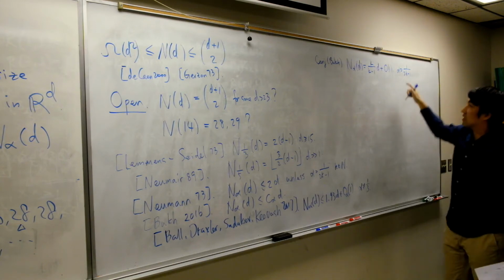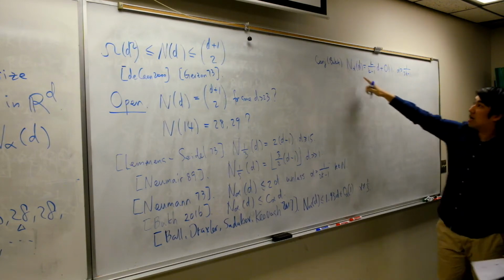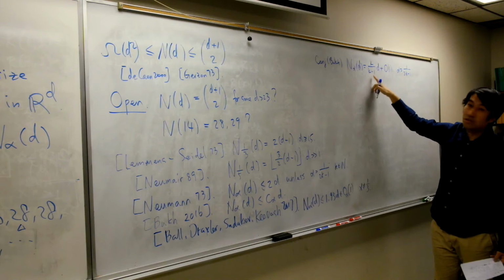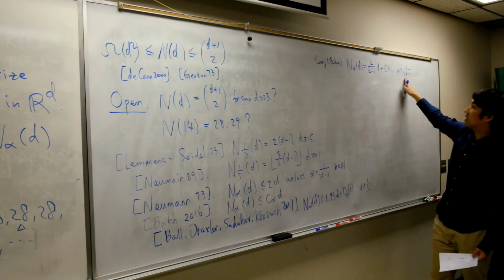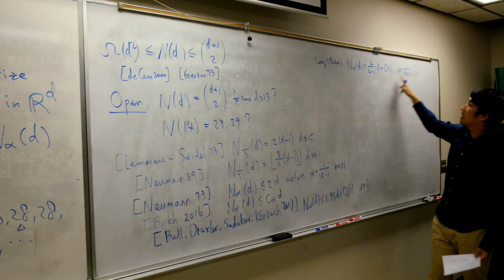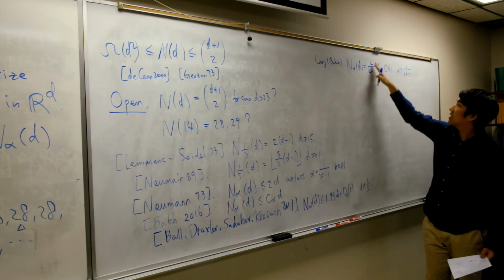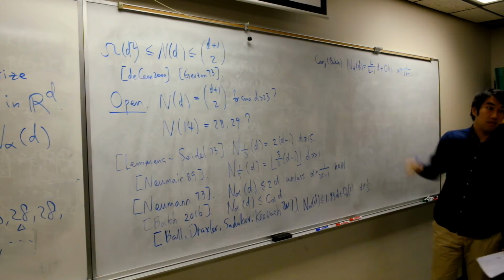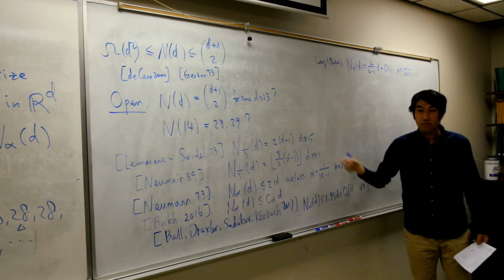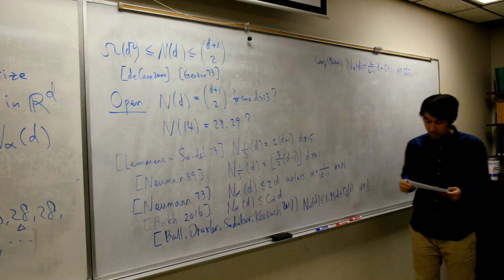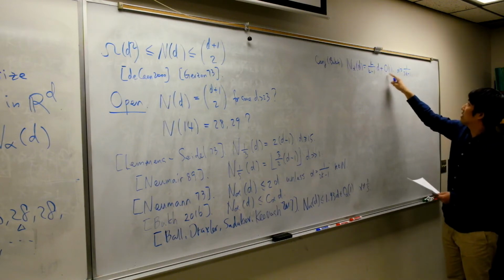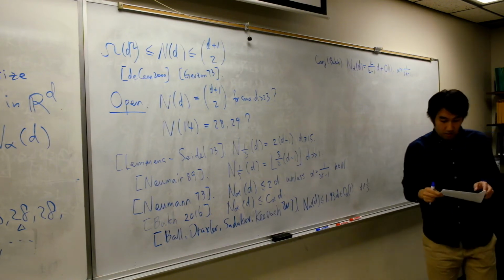You can check when k is 2, alpha is 1 over 3. This gives you 2 over 1, matching this one. And if k is 3, then alpha is 1 over 5, and this is 3 over 2. So that's the natural generalization of these two results. Of course, here we need this O of 1.